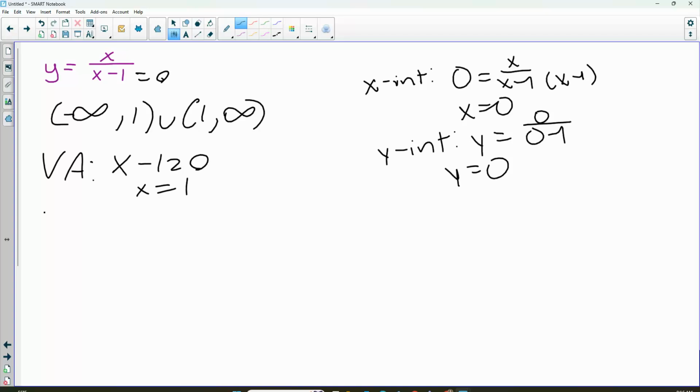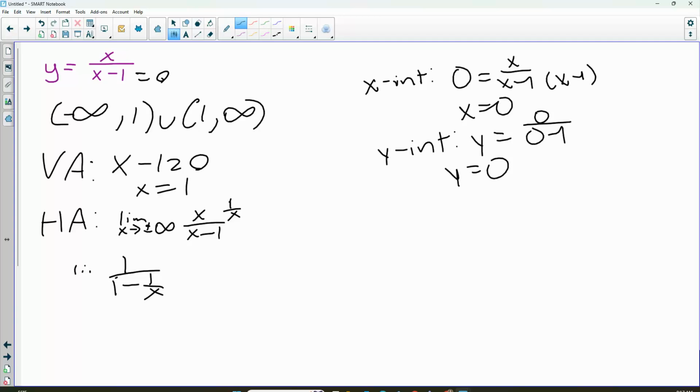And then the horizontal asymptote is when you set the limit as x approaches plus or minus infinity of x over x minus 1, and then you multiply the top and bottom by 1 over x, so you get 1 over 1 minus 1 over x. That's still a limit, right?